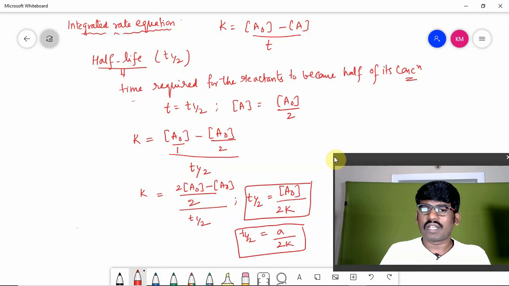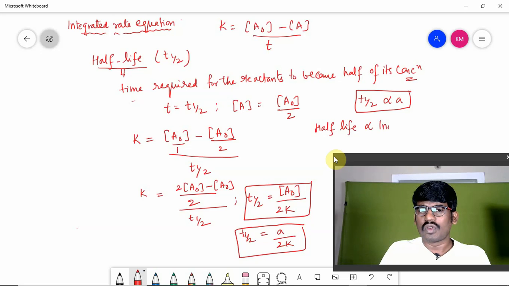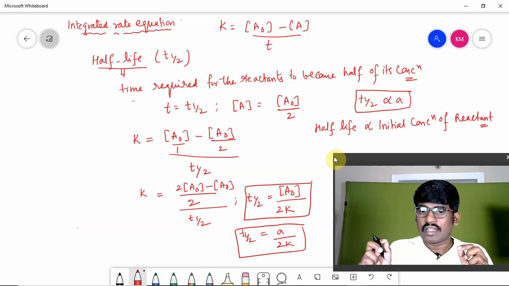So from this equation, what did you understand? Half-life is directly proportional to the initial concentration of reactant. Hope you understand that. Sometimes they will ask you: half-life of a reaction is directly proportional to initial concentration of reactant, then order of reaction is zero order.